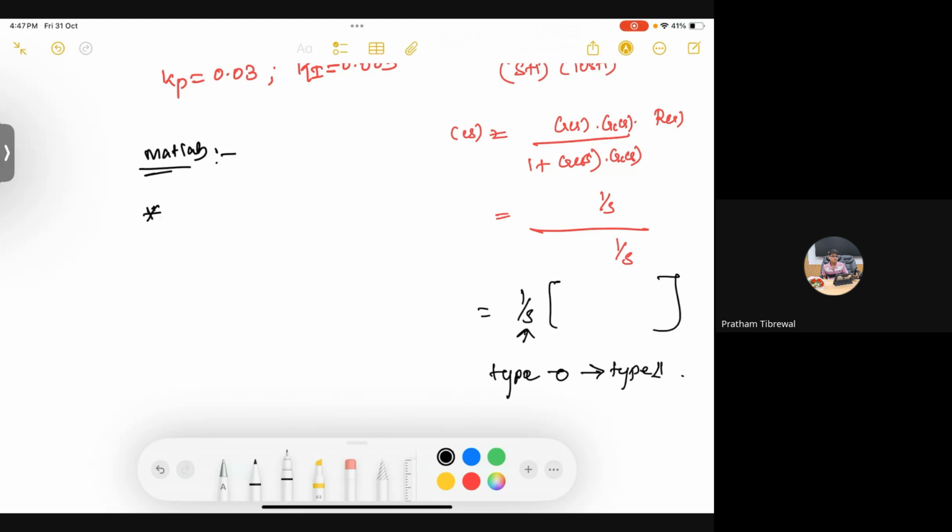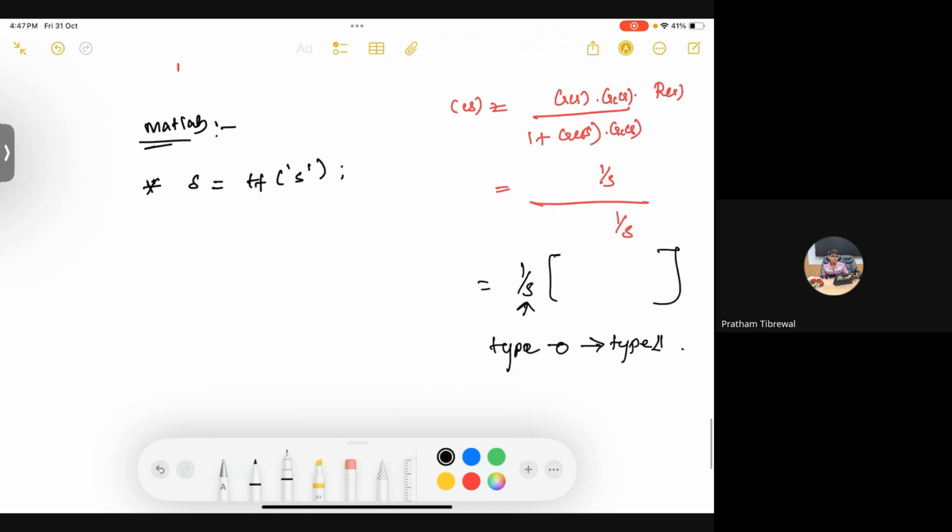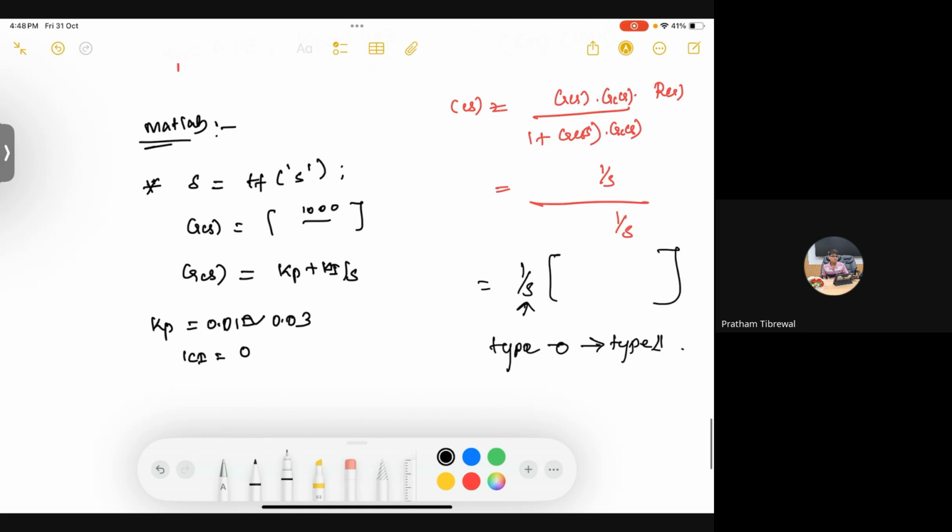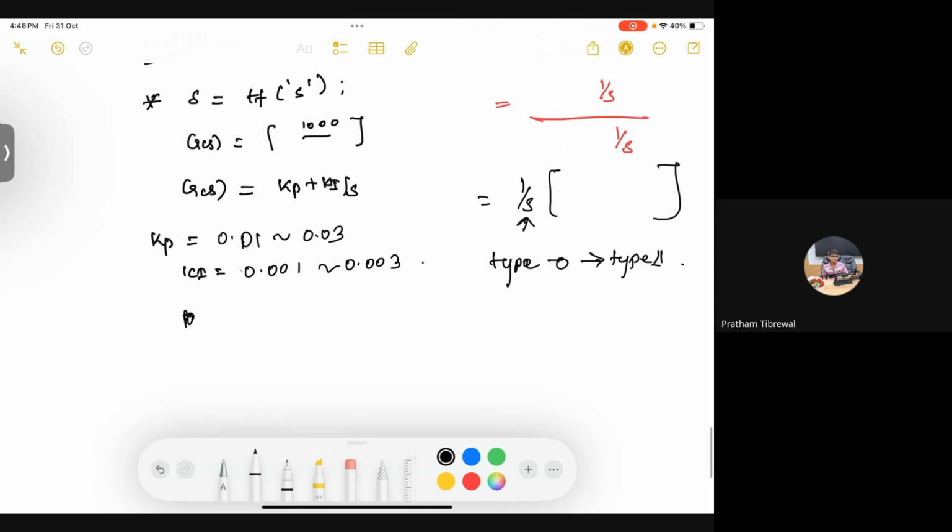So in MATLAB, write s equal to transfer function of s and write this G(s), whatever G(s) we have, the 1000 divided by the denominator. And Gc(s), consider Kp plus Ki by s, where Kp you take from 0.01, 0.02 to 0.03, and Ki also you try changing from 0.0001 to 0.003.